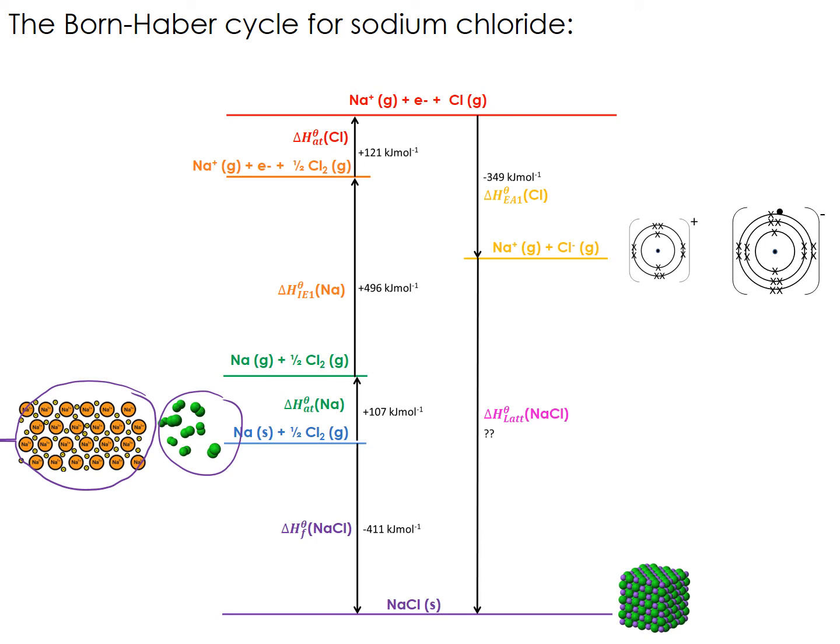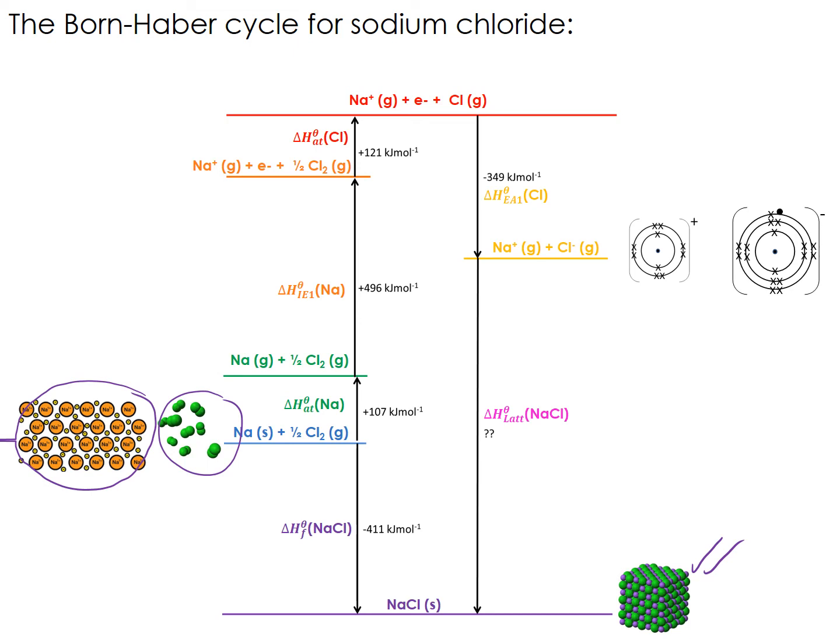The Cl2 molecules have their bonds broken to form Cl gas, which then each gain an electron to form Cl-, and that then can be represented by that type of dot and cross diagram that we looked at right at the start of the lesson. Those dot and cross diagrams, those positively charged ions and negatively charged ions, then attract each other ridiculously strongly, huge delta H lattice for NaCl to form our 1 mole of ionic compound at the bottom here.